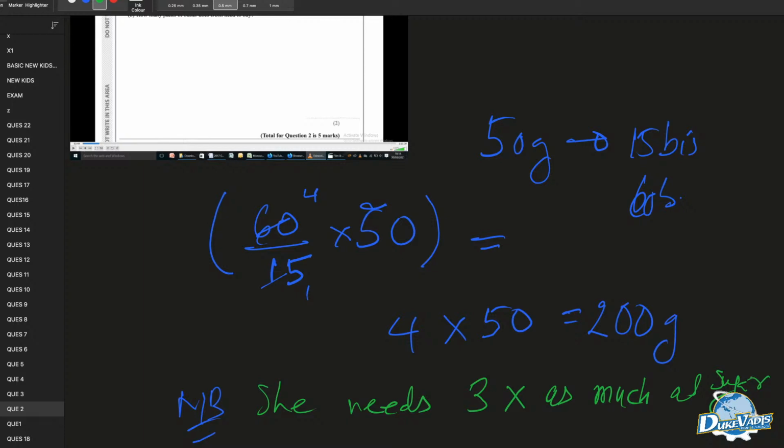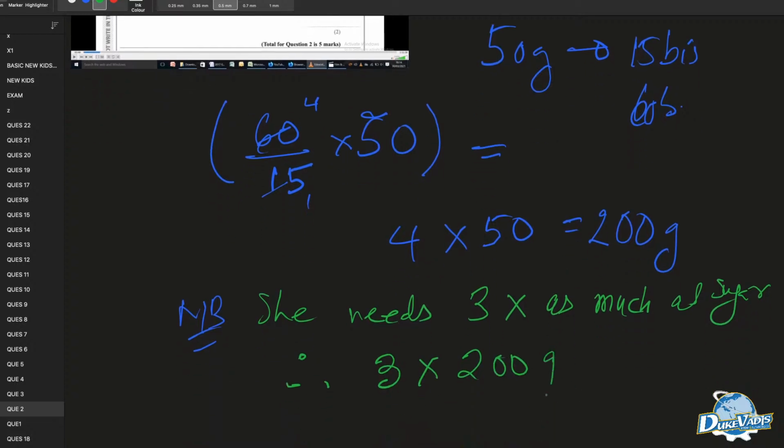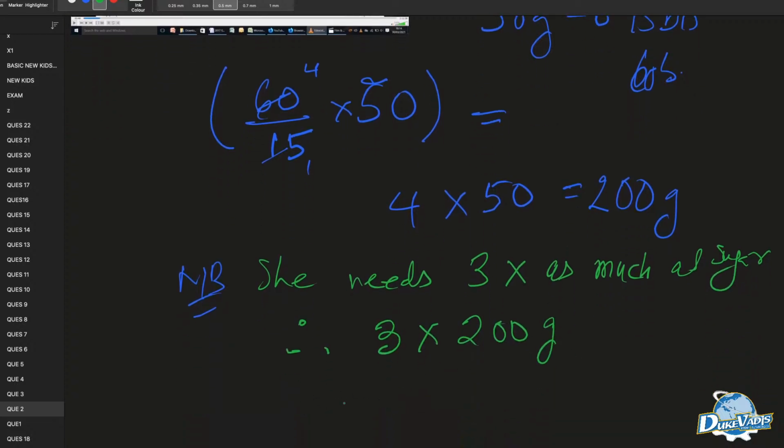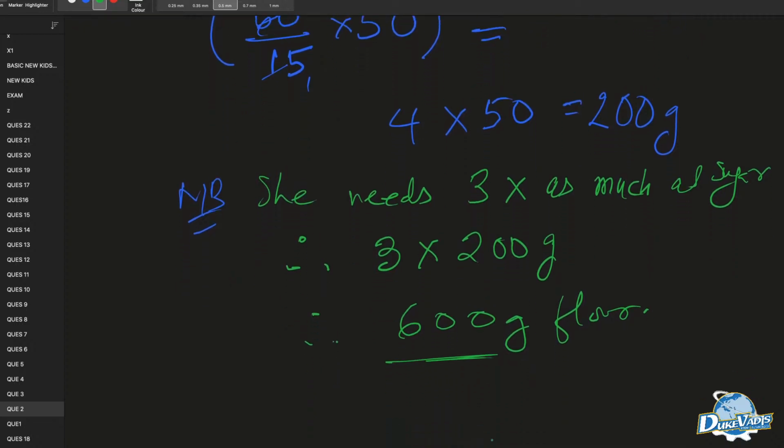Therefore, this will be 3 times the 200 grams, and this eventually will get us 600 grams of flour. So this is the amount in grams that she will need.